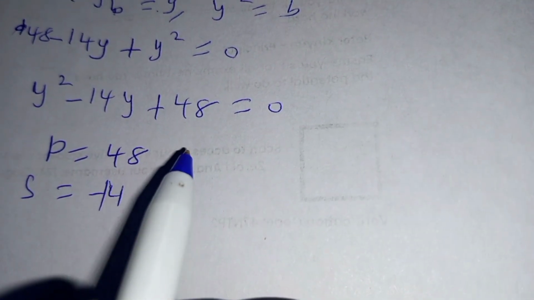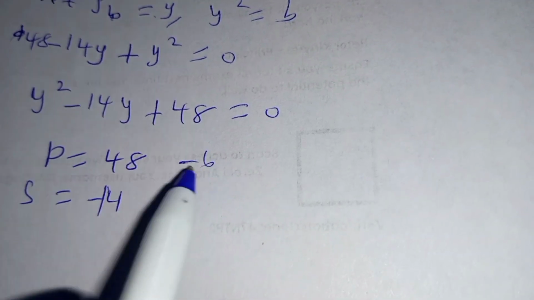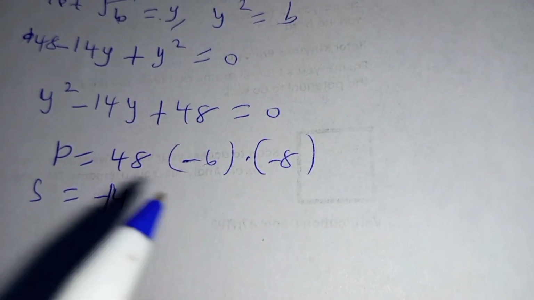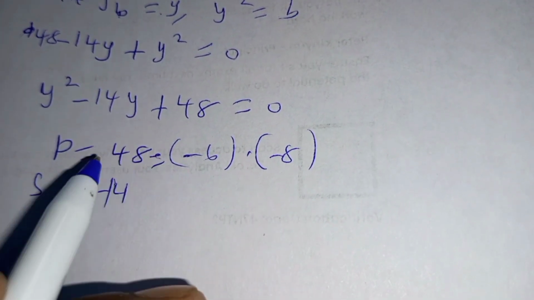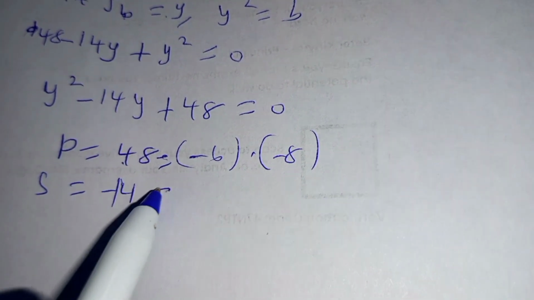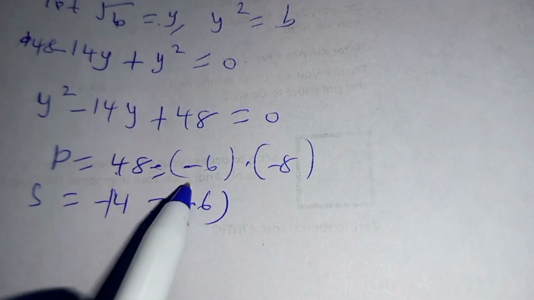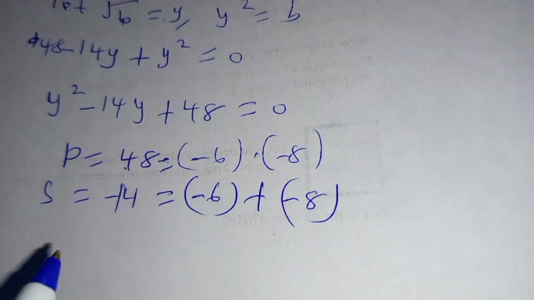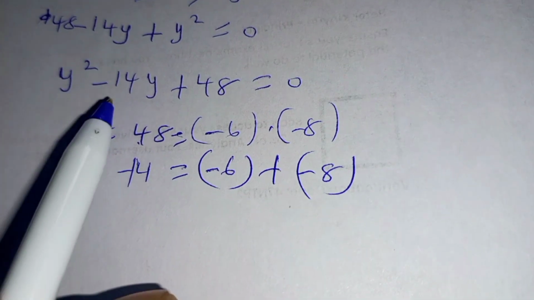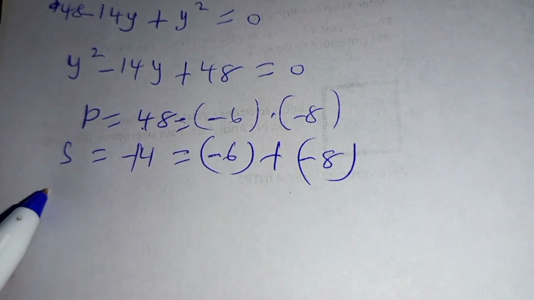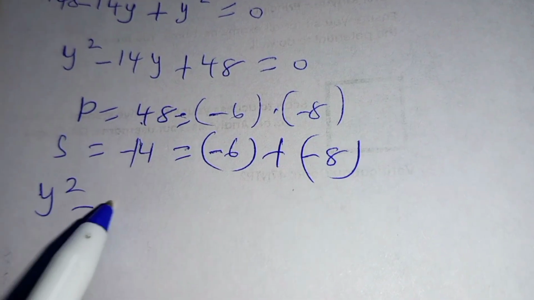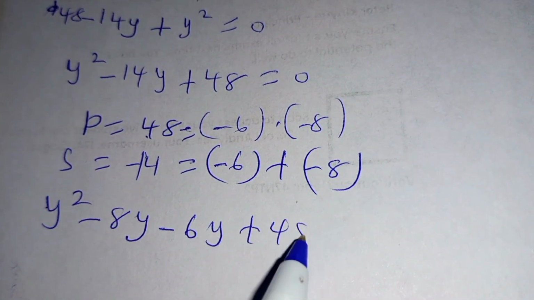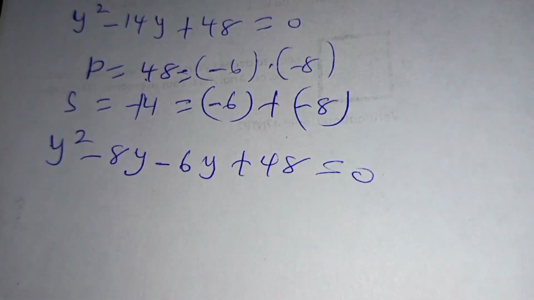Two numbers which when you multiply you obtain 48 are negative 6 multiplied by negative 8. And when you add negative 6 plus negative 8, the answer will be negative 14. So where you have negative 14y, we substitute with negative 8y minus 6y plus 48, equal to 0.